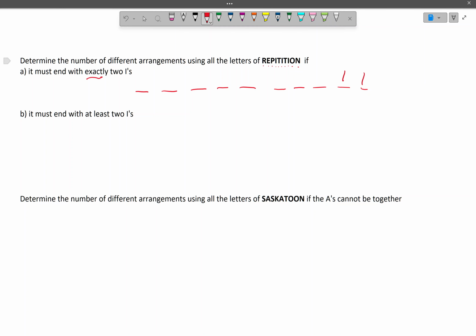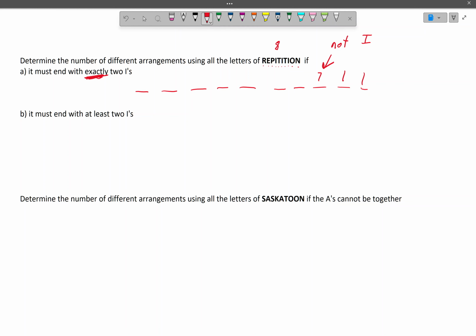But because it says exactly two I's, that means that this one cannot be an I. Not an I, right? So there were 10 options. Now there's 8 options, but it can't be an I, so now there's only 7 options.